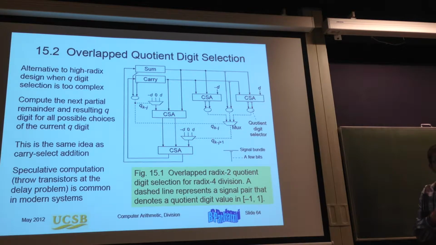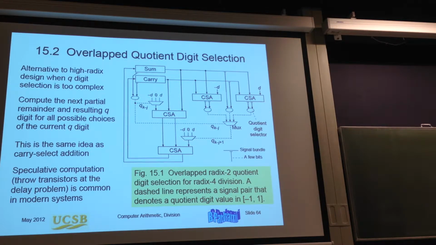What is happening is I'm doing a radix 2 division, but I am producing like a radix 4 division, because I am busy now with inspecting this to determine the current digit. However, at the same time, I'm looking for the next digit, and I'm trying to compute what will be the outcome of the next iteration in a speculative mode.